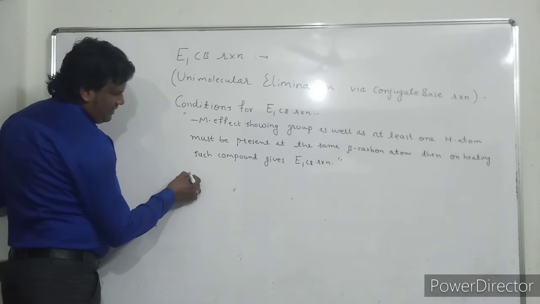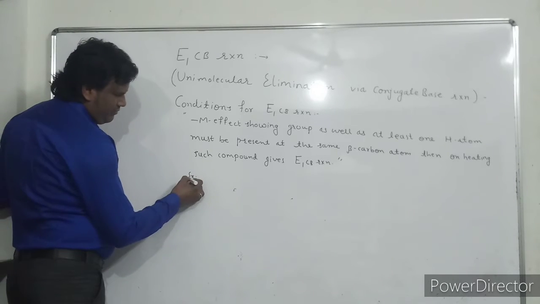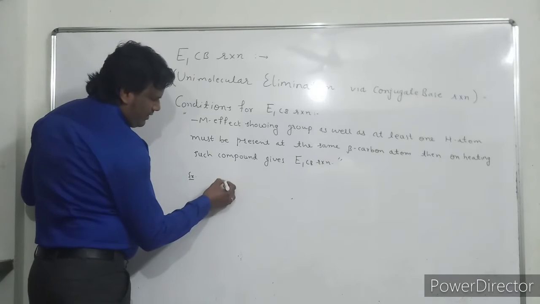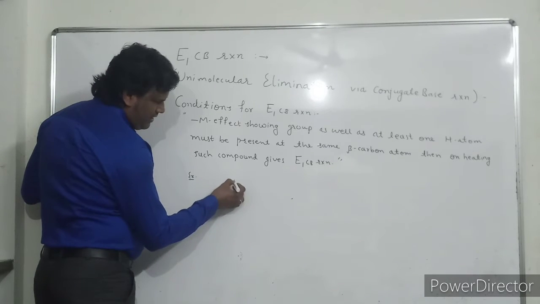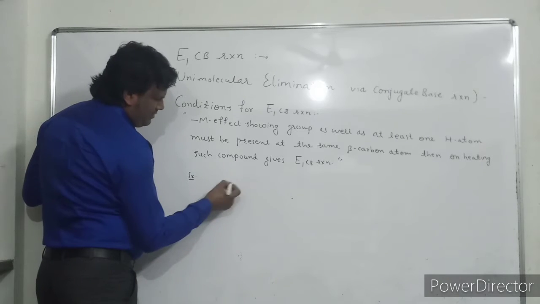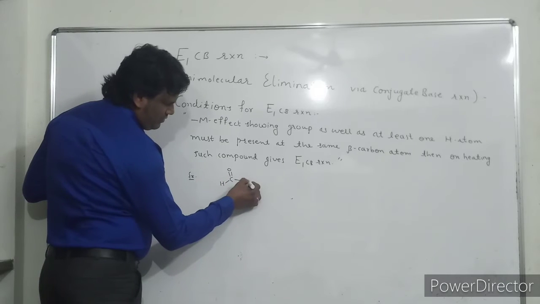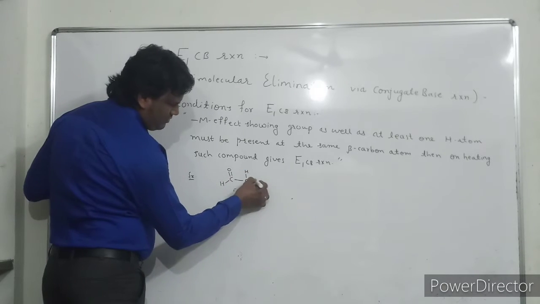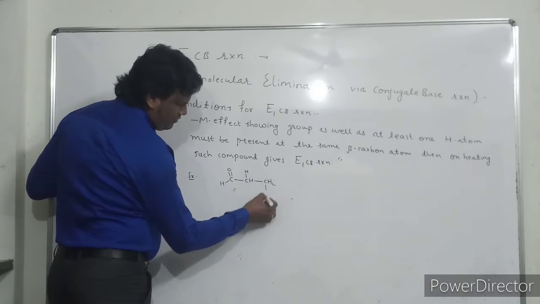Now we can consider an example. N double bond O, or we can consider a simple example, CHO, CHH, CH2Cl.